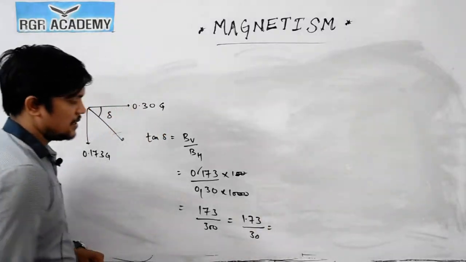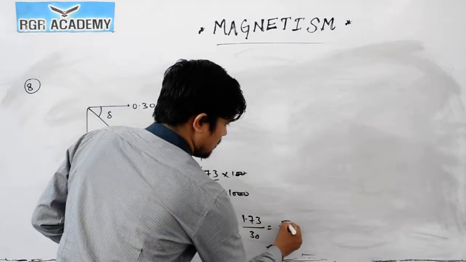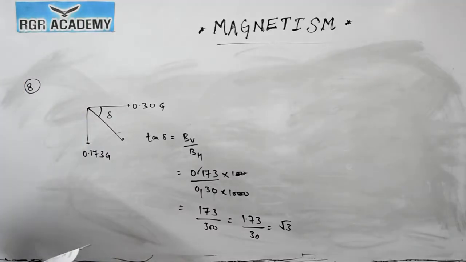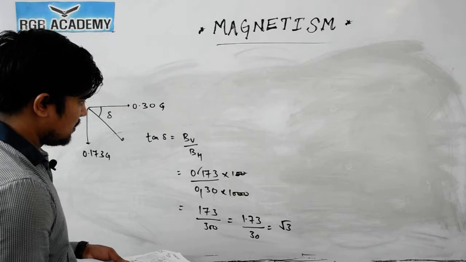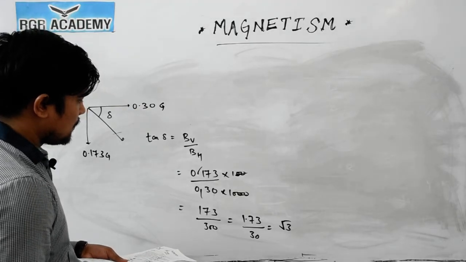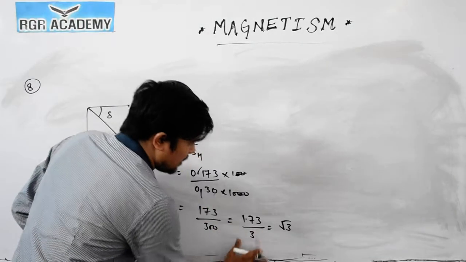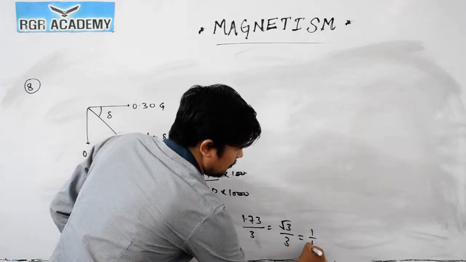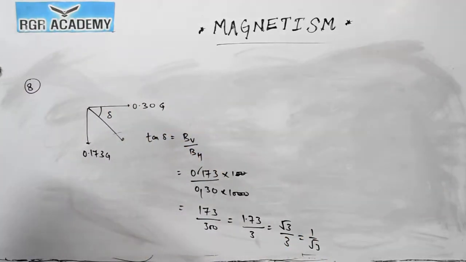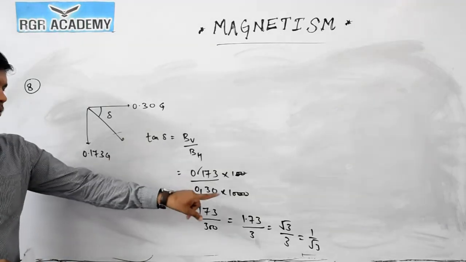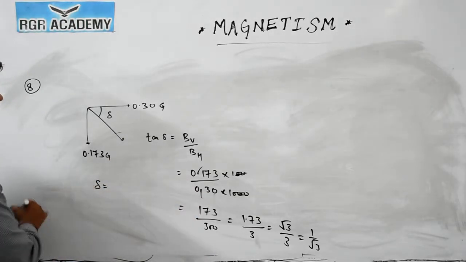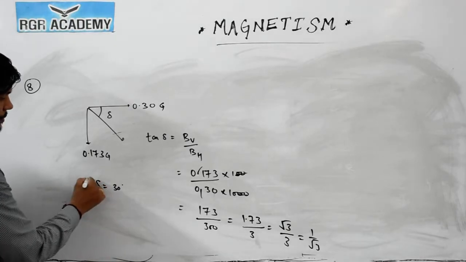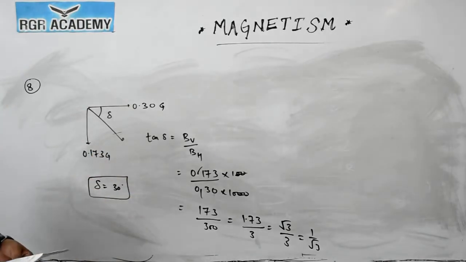So 1.73 is root 3. Sorry, this will become 1.73 by 3. Okay, so this will be 1 by root 3, and we know for what value of theta the value is 1 by root 3. So delta will be equal to 30 degree, because tan 30 is 1 by root 3. Okay, that is the answer.